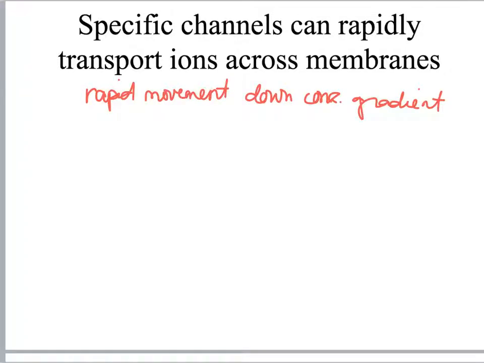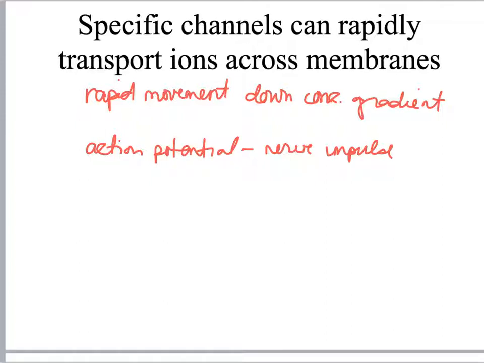We can talk about action potentials in terms of discussing the movement of these things. And the action potential is a nerve impulse. And this nerve impulse is going to be generated when the membrane potential is depolarized.